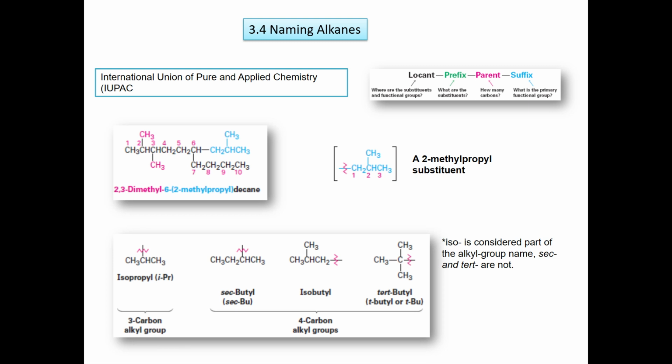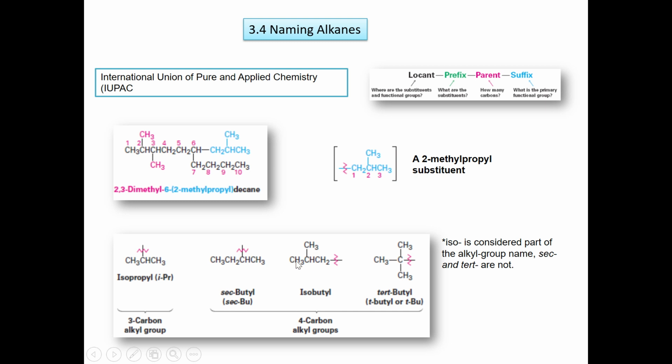This type of group sometimes has its own name that we can use. In this case, methylpropyl, we can say isopropyl. In the case of the 4-carbon groups, if it's like this, it is sec-butyl.